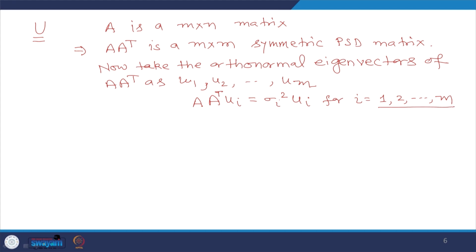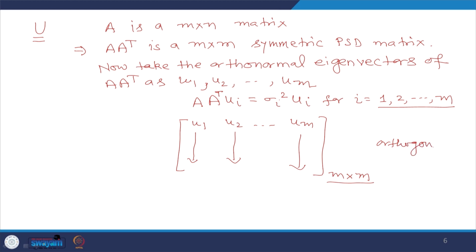Moreover, U1, U2, Um are orthonormal. So, what you do? You make a matrix where the first column is U1, the second column is U2, and the last column is, let us say, Um. So, it will be an m by m orthogonal matrix, and this matrix will be the matrix U in the singular value decomposition of A.